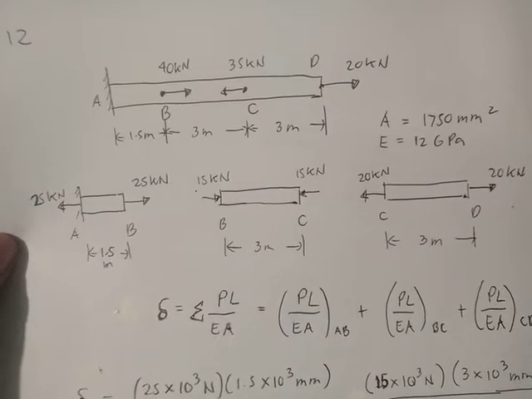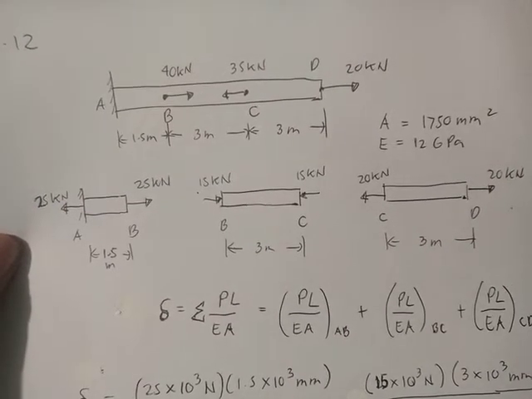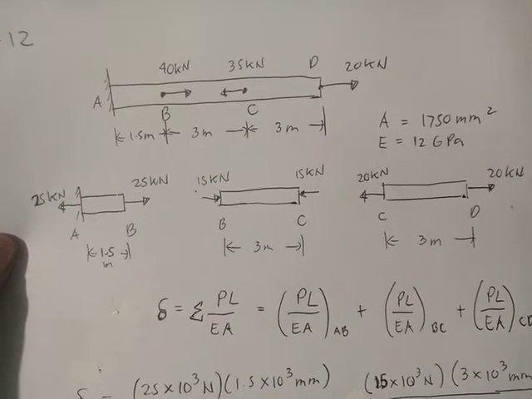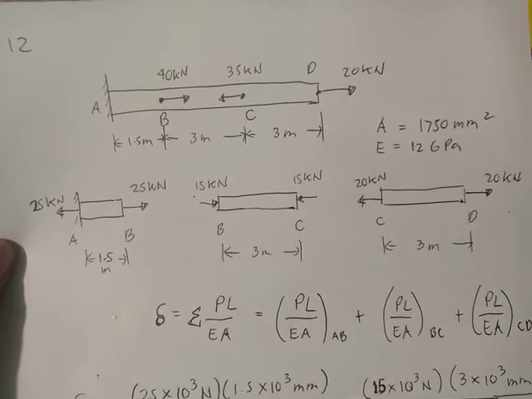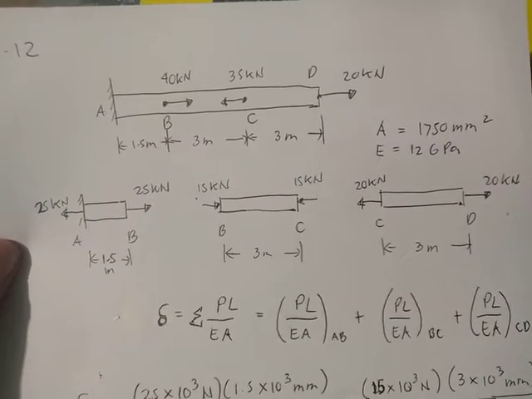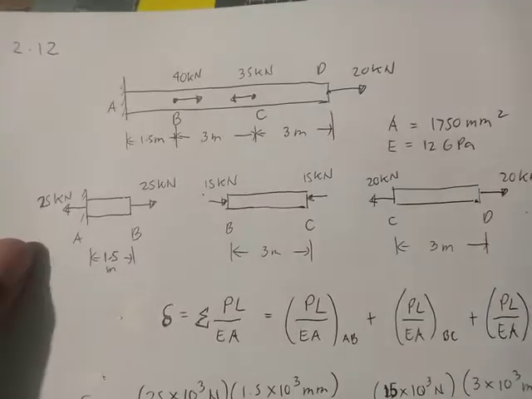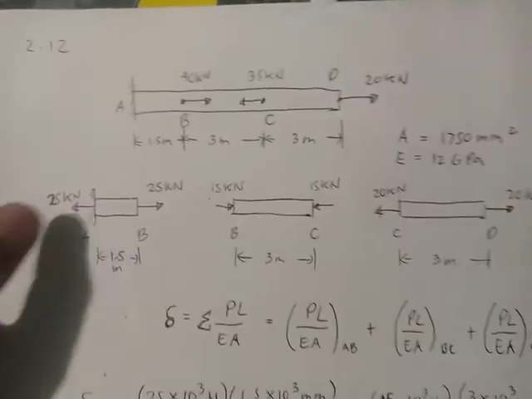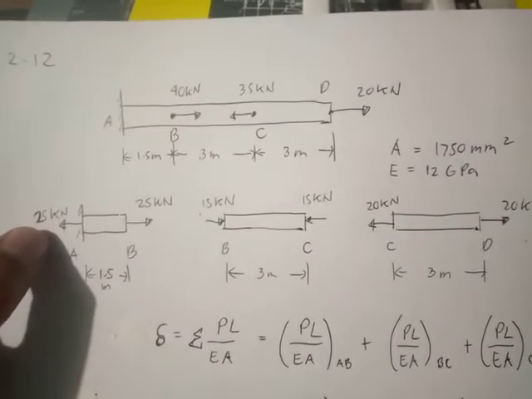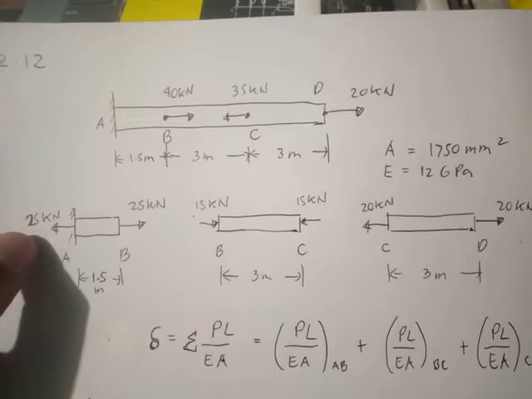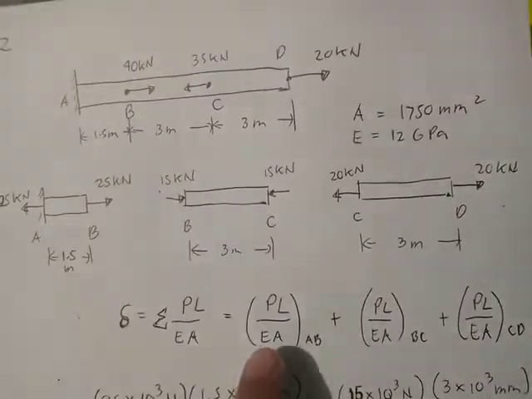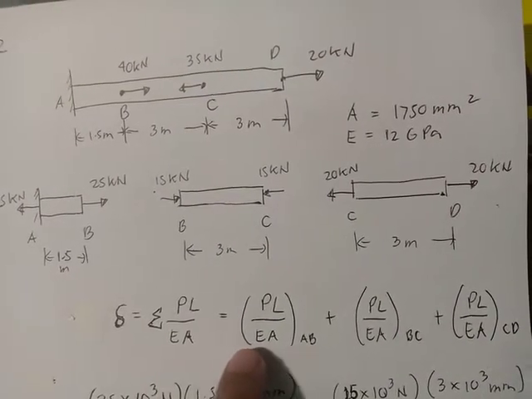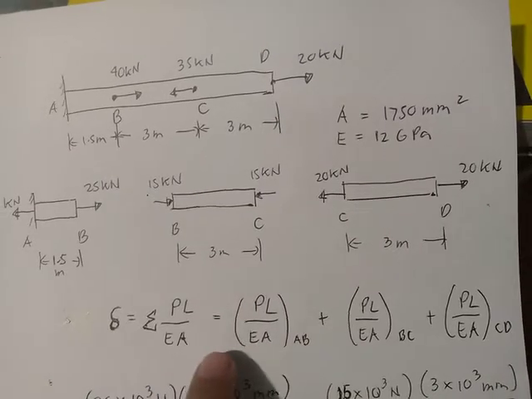Please take note that tension and compression should not have the same sign convention. The most common, so that we will not be bewildered, is tension is positive, compression is negative. Please take note of that.